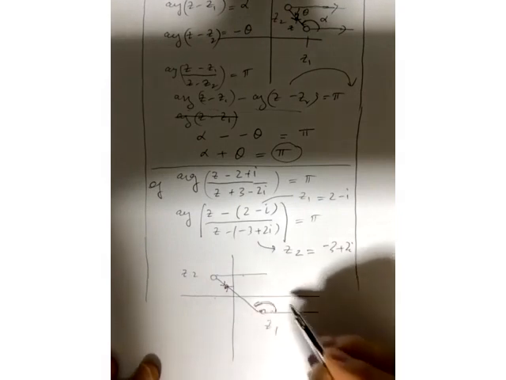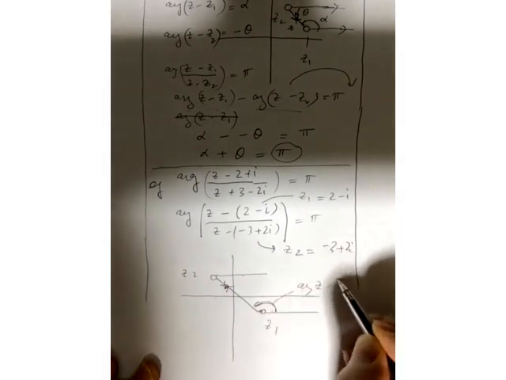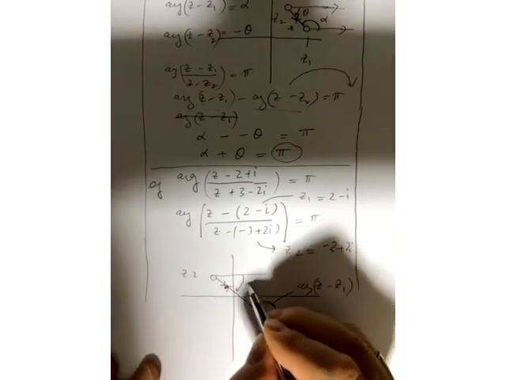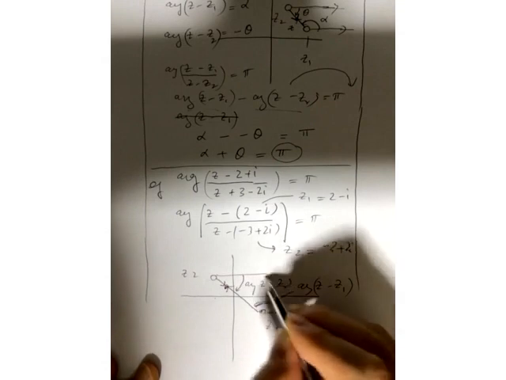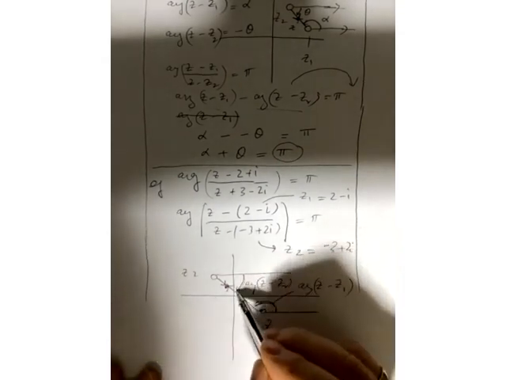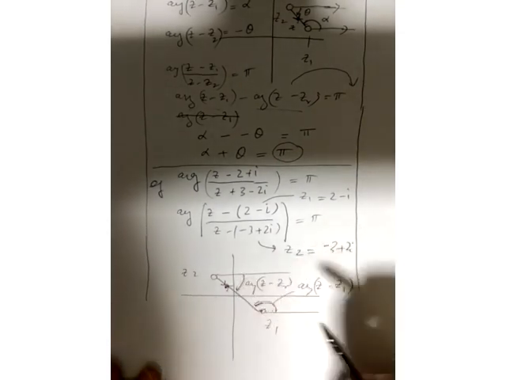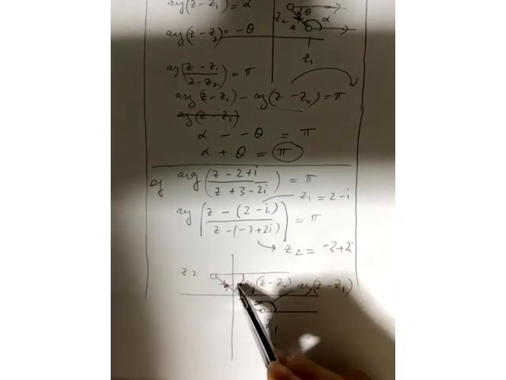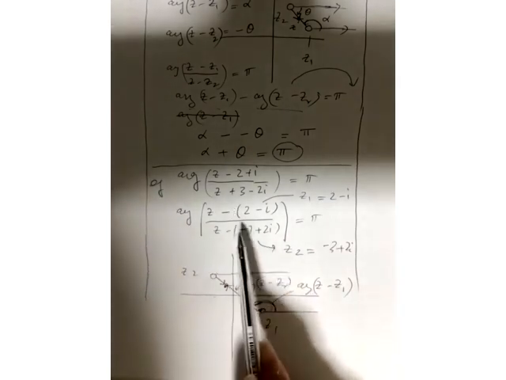And so that's the argument of z minus z1, and this is the argument of z minus z2. Don't forget this is negative, by the way. And so these two will add up in size to be pi, which is 180 degrees. But don't forget, in terms of size it's that plus that, but in terms of the argument it's argument of that minus argument of that. Because the argument of the bottom is negative, you end up with pi.